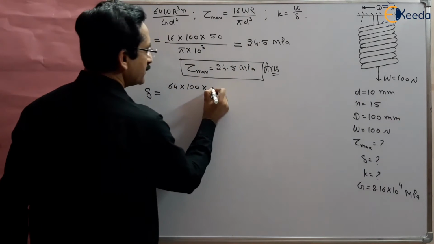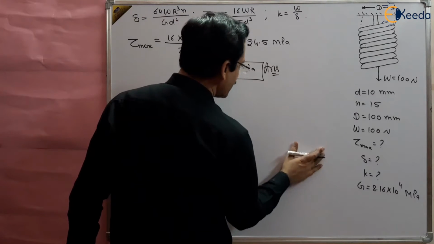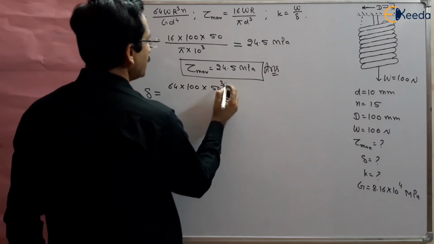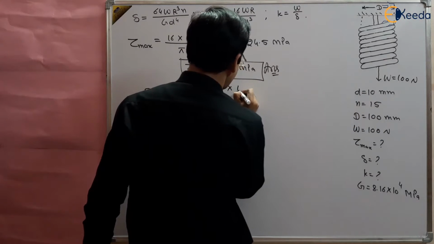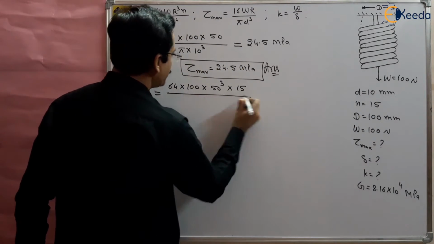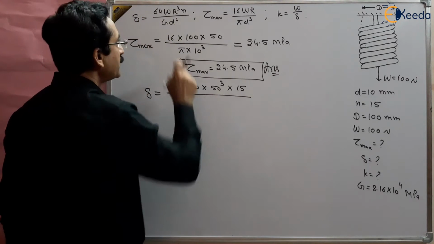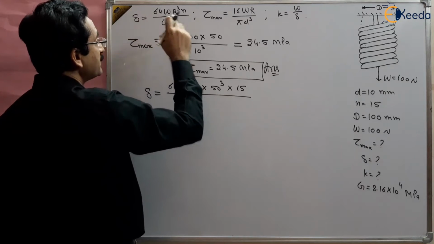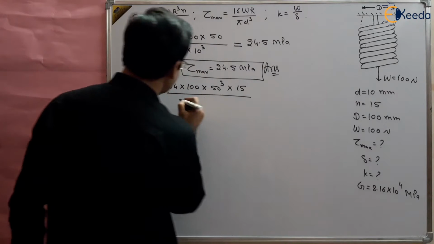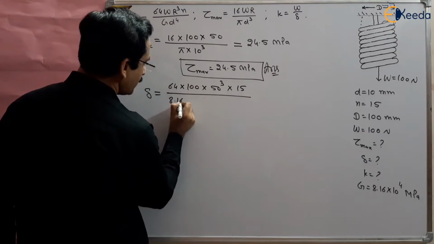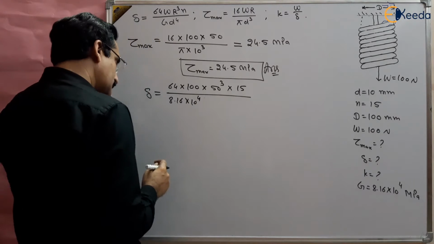So 50 cube, taken in millimeter, so the answer will come in millimeter, multiplied by N, the number of turns, 15, divided by G, the modulus of rigidity. If you take this in megapascal, then the answer will come in millimeter. So in megapascal, 8.16 multiplied by 10 to the power 4.